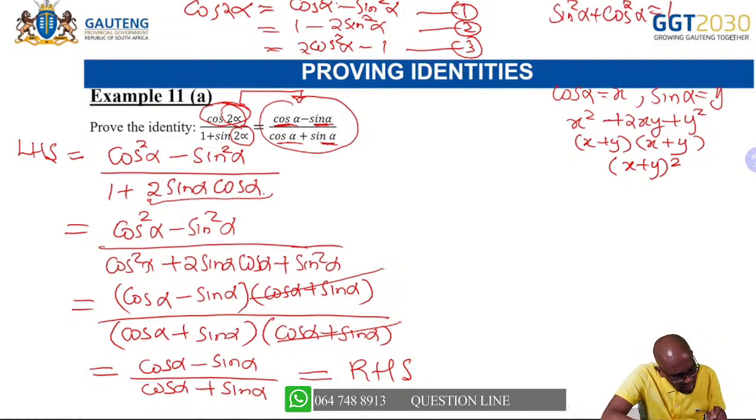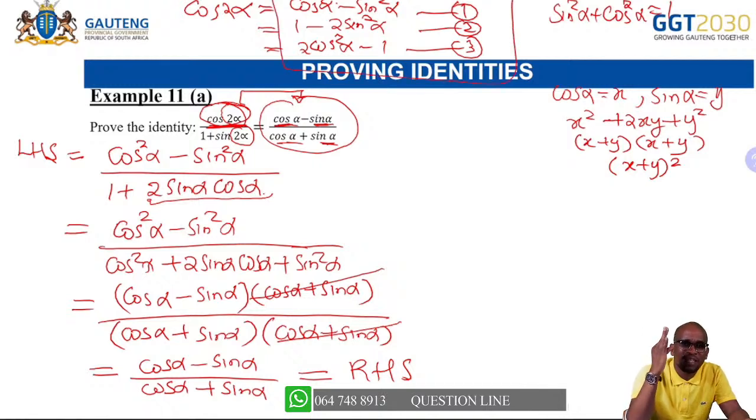The idea here is that I started with the left hand side because I had double angles, and in the numerator I have cos 2 alpha. How do I know which formula to choose from the 3? It has 3 correct formulas, after it has been expanded using compound expansion.